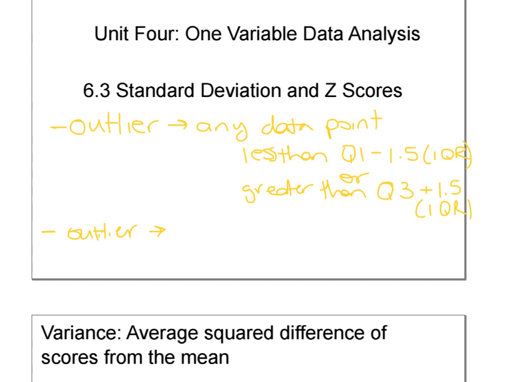So it would be any data point two standard deviations above or two standard deviations below the mean. So those are just two ways that we can find outliers. So let's go on to today.